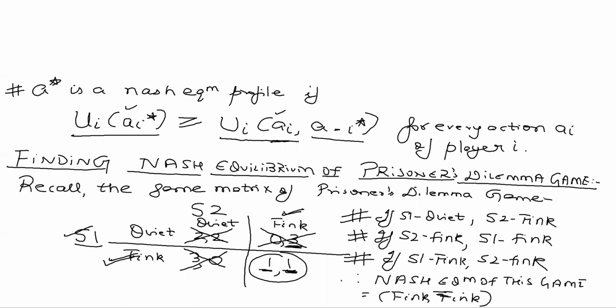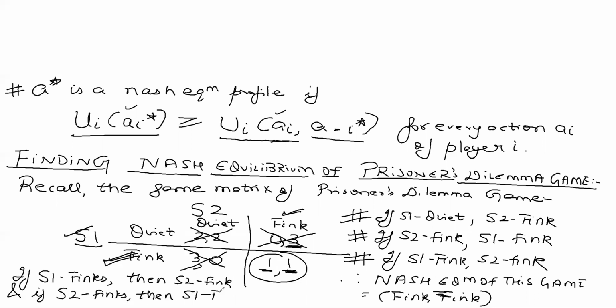You can clearly see if suspect 1 thinks, then suspect 2 will also think, and if suspect 2 thinks, then suspect 1 will also think. That means the only Nash equilibrium of the prisoner's dilemma game is for both the players to think. No other action profile is a Nash equilibrium.